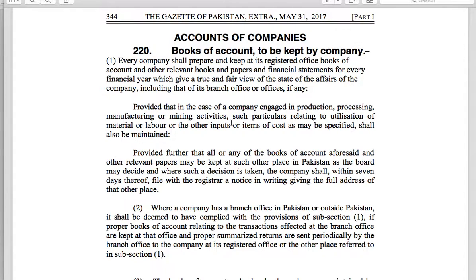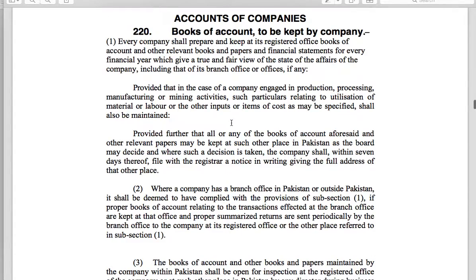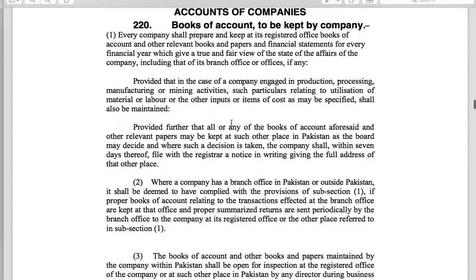So this company law is an improvement on the previous Companies Ordinance 1984, where different financial reporting requirements and audit requirements have been given for different companies, keeping in mind their structure, size, transaction, turnover, and sales. So from section 220, we talk books of accounts.